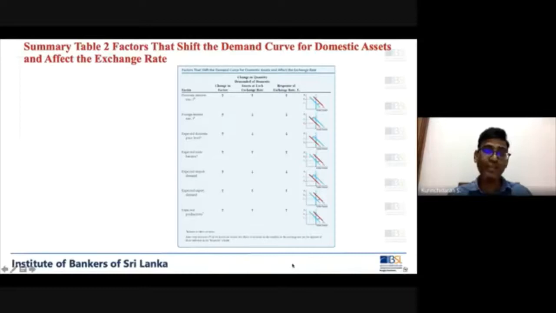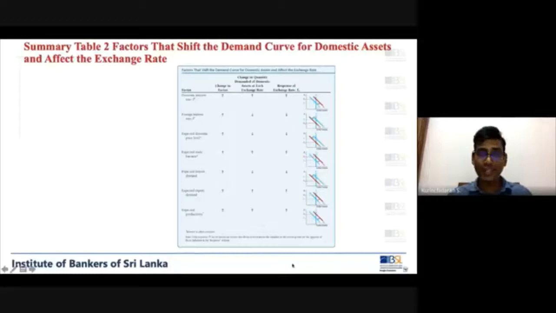So when the expected export demand increases, for foreigners to buy domestic goods and services, they need to have domestic assets or domestic currency, that's the dollar. So there will be more demand for the dollar. When the dollar demand is high, then definitely the value of the dollar will go up.